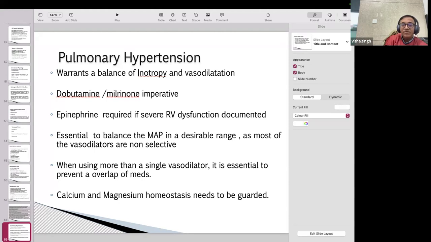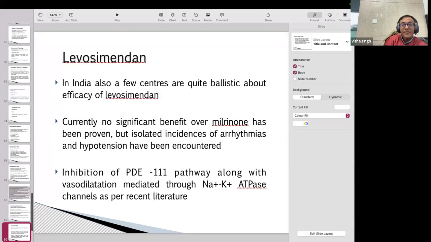So calcium and magnesium homeostasis needs to be guarded. Levosimendan, a lot has been discussed. Few people are ballistic about that. It works everywhere. There's no all-or-none phenomenon. Use it if you're volume depleted. Use it if your basic drugs are not functioning. And use it, especially if you know that the LV is recovering slowly or your ventricles are recovering slowly.